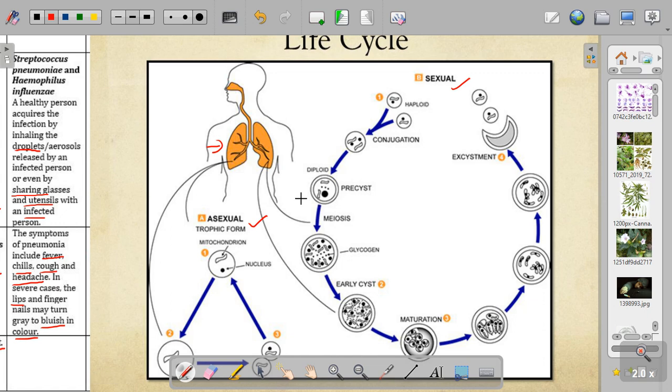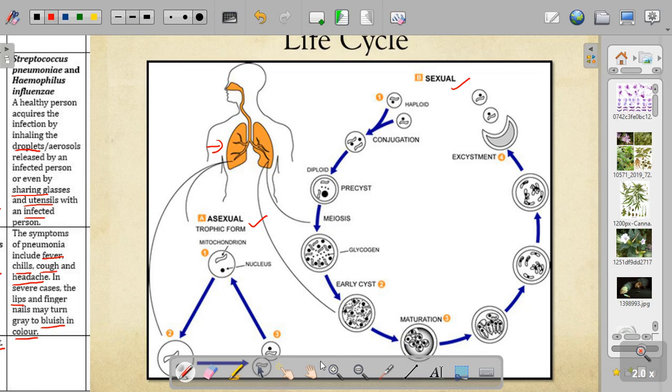After completing its life cycle, when it becomes mature, it will be released out of the body, causing a lot of symptoms. When he coughs or sneezes, the infectious spores can pass out of the patient's body and be taken in by a healthy person. So the life cycle continues like this.